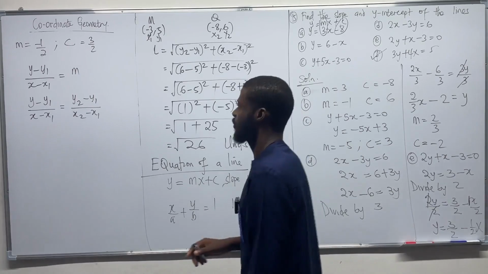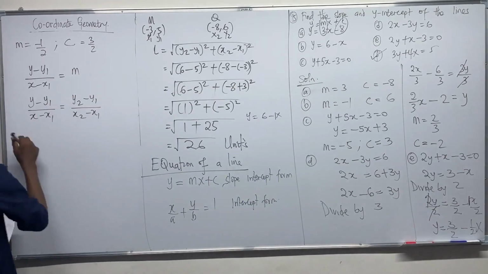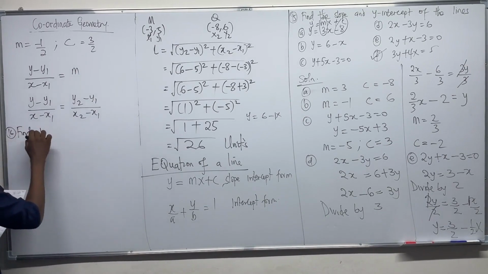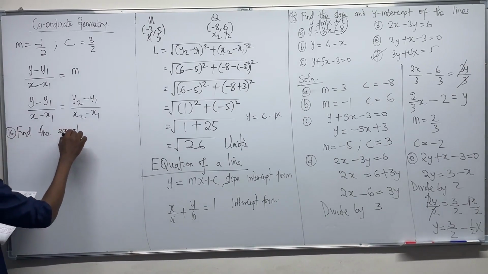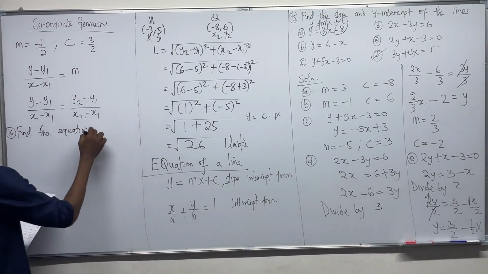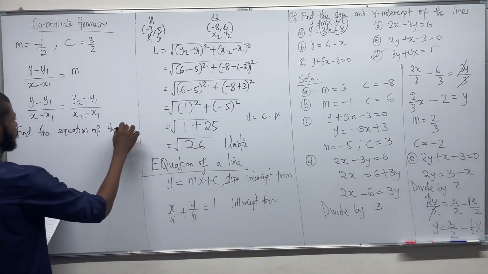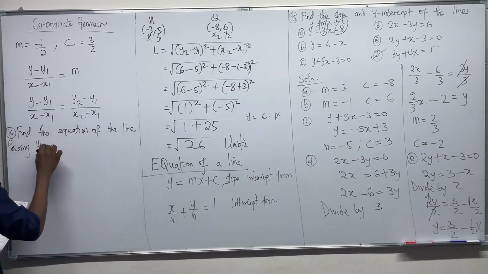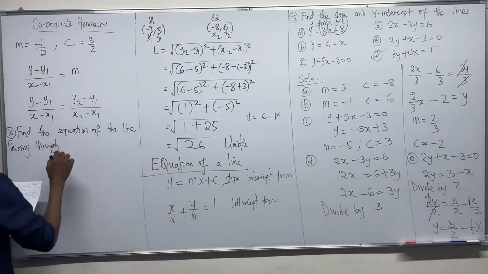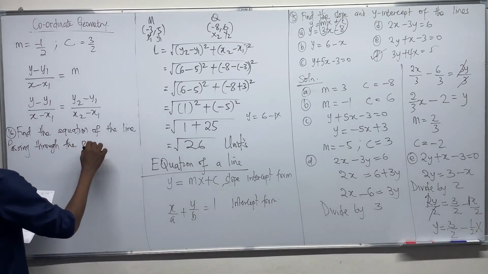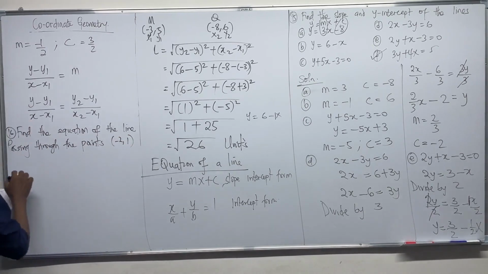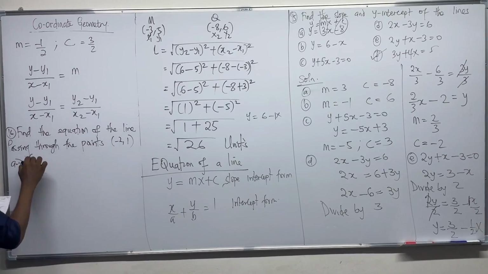So let's take a look at question number 16. Number 16 says, find the equation of the line passing through the points minus 2, 1 and, this is tedious, minus 1 over 2, 4.